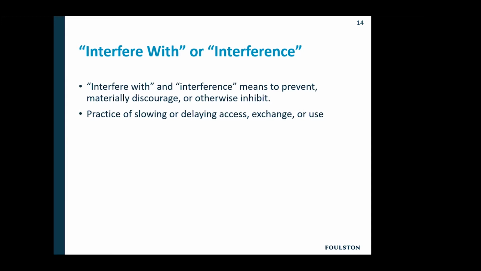So you cannot unreasonably delay in responding to an access, exchange, or use. And we'll get into some discussion of the interplay between HIPAA and the information blocking rule later. But this gets into this idea that while HIPAA allows you to spend 30 days responding to a request for access, if you could respond tomorrow and you wait until the 29th day to respond, that may be a process of slowing or delaying access and a violation of the information blocking rule.